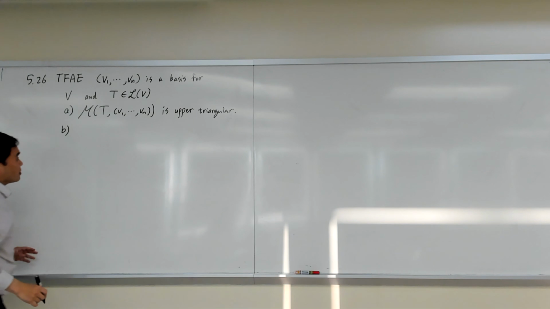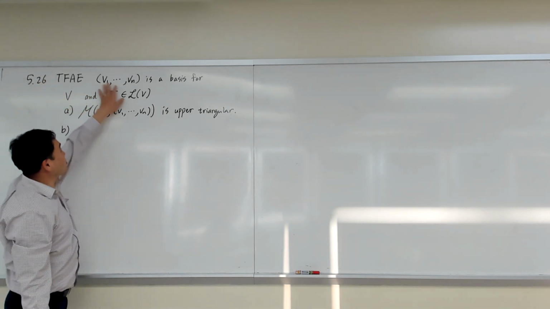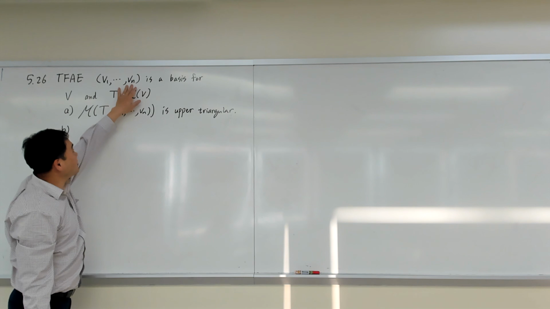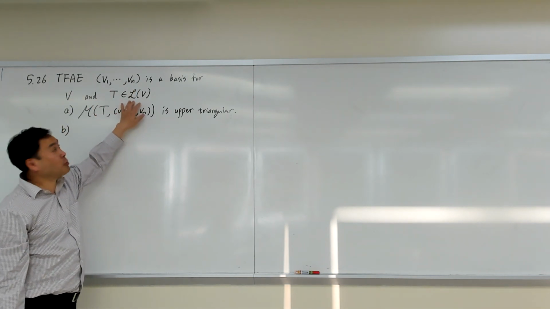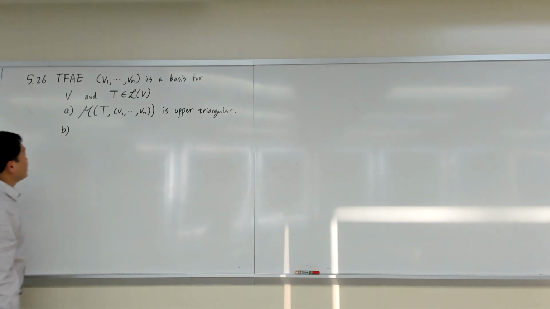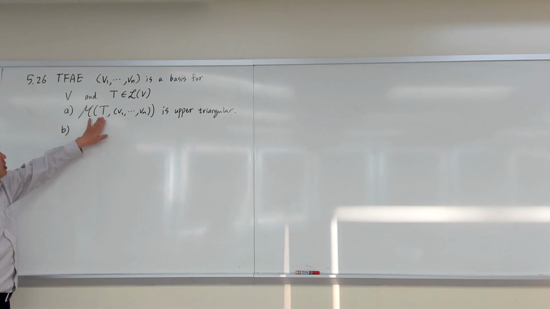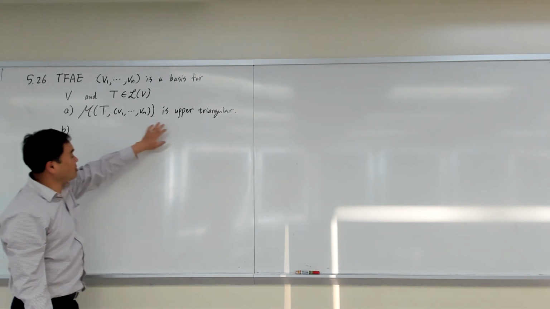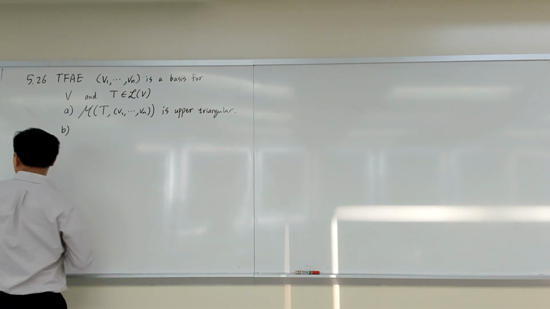I should first say something, okay? The following are equivalent. Let's say there's a basis v1 through vn, and T is a linear operator on V. Then saying that the matrix of T with respect to this basis is upper triangular is the same as the following.